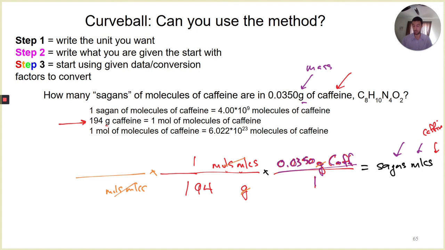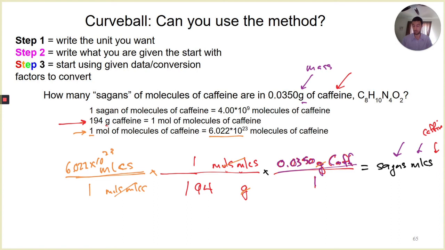Which of my conversions brings in moles of molecules? It's this one. That relates moles of molecules to molecules of caffeine. Fantastic. The number that needs to go with this: 1 mole of molecules, the 1 should go with the moles of molecules. This big old long nasty 6.022 times 10 to the 23rd needs to go with molecules. There's that placement.